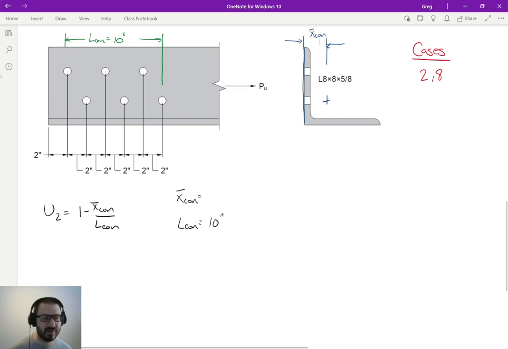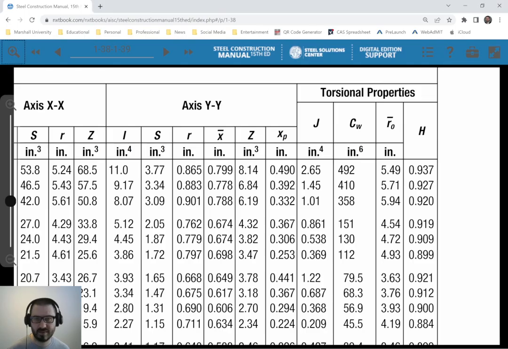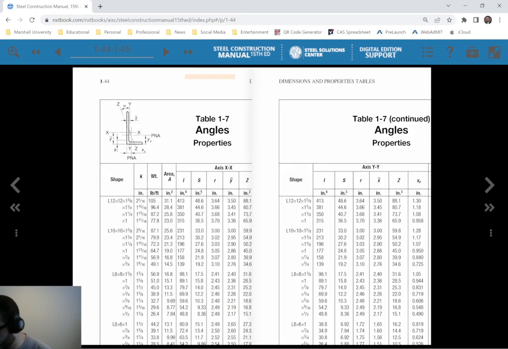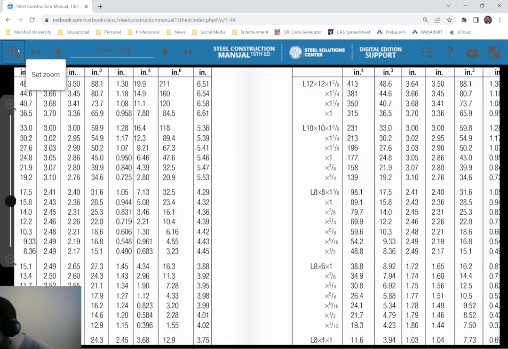Okay, so now let's go back to the manual and see what we can find here. Let's see how good I am at predicting page numbers. I think it's probably like 1-44. Hey, look at that. Pretty good.